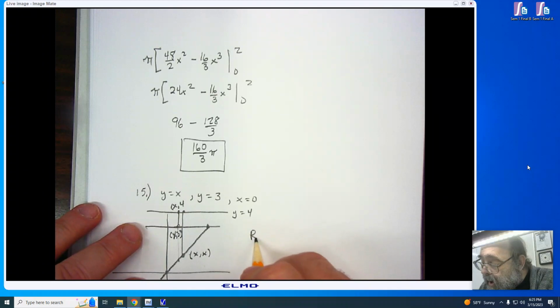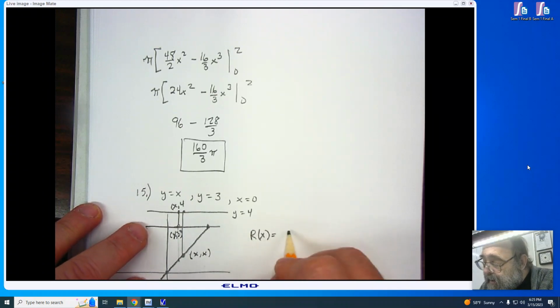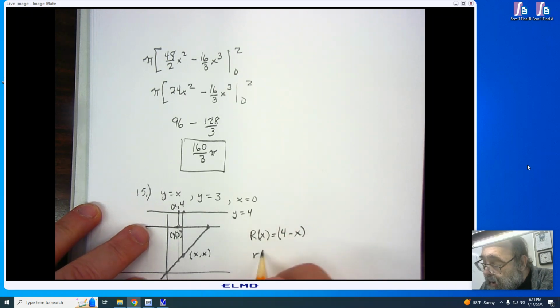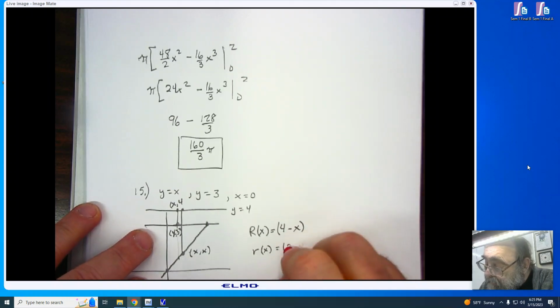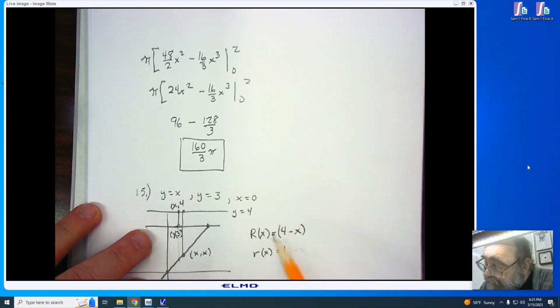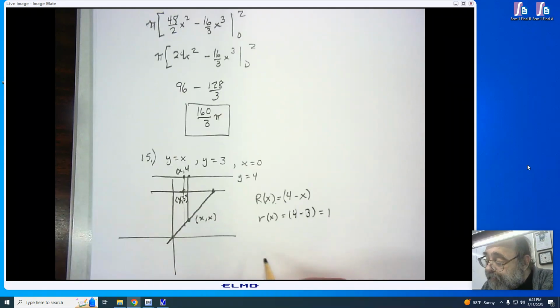And so my big R of x is 4 minus x. My little r is going to be 3 minus x, 3 minus 4, excuse me. Try that again, 4 minus 3, which is just giving me 1.